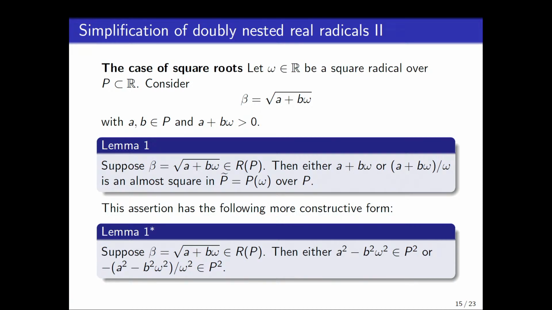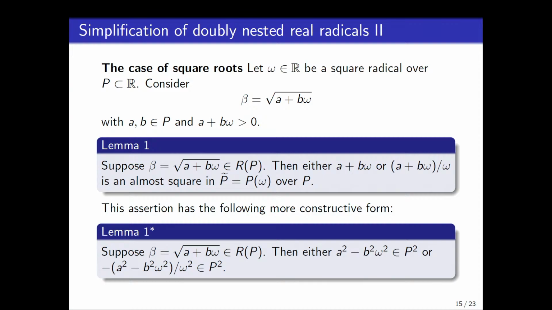And now we want to know whether beta is an almost square, an almost second power, in P tilde. So what is P of omega? It contains all the numbers a plus b square root of 2, where A and B are rationals.